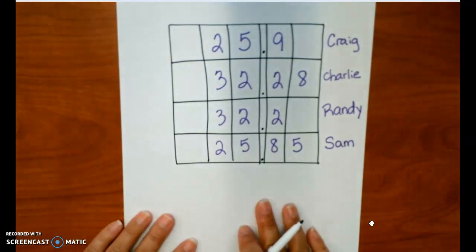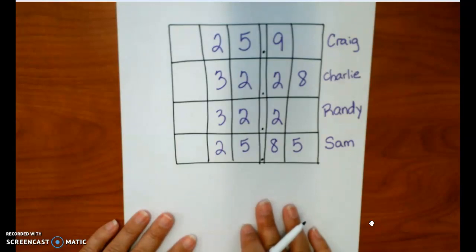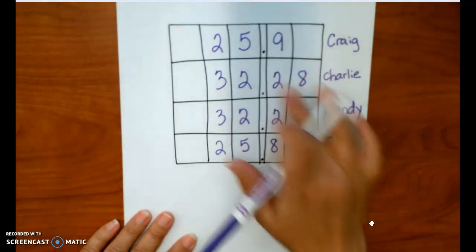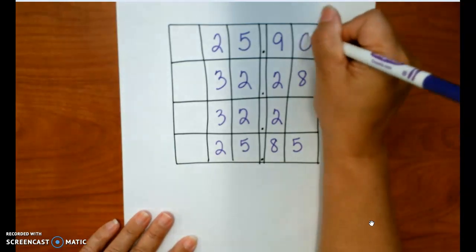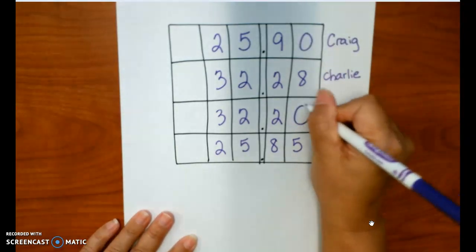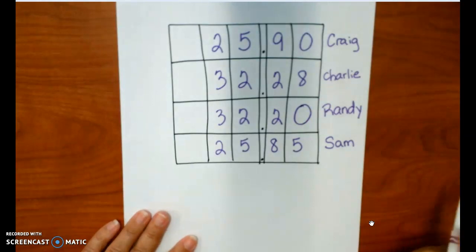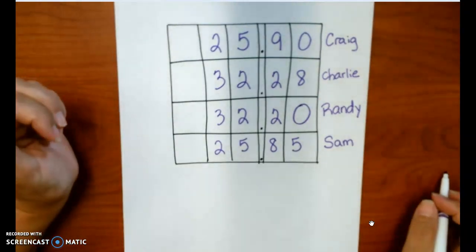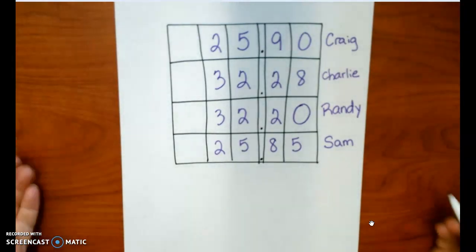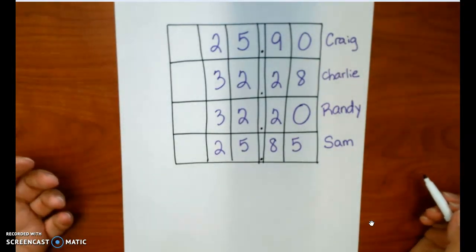So now I can figure out who ran the fastest. One of the things that I like to do when I'm solving problems like this, my decimals, if you notice, are all different sizes. So I want to make them the same length. It makes it much easier to compare. And I can put a 0 in that hundredths place because it just says I have nothing there. So, which one is the smallest?